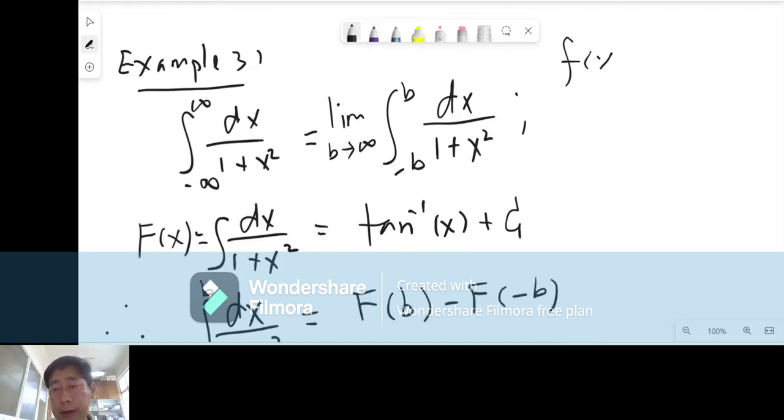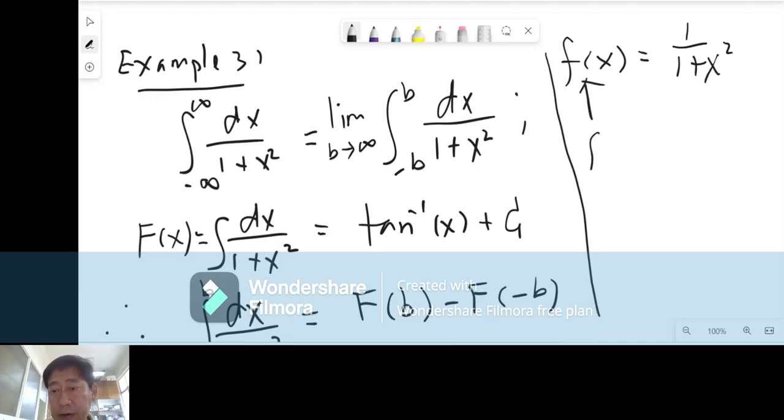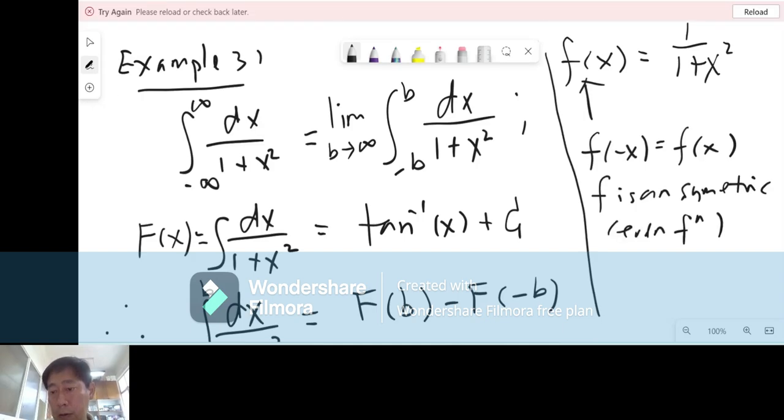Here I will write down small function f of x to represent the integrand. f of x is a symmetric function in the sense that if you revert the sign of x, you get back the same value. So we say the integrand, small function f, is a symmetric function. Sometimes we also call this an even function.